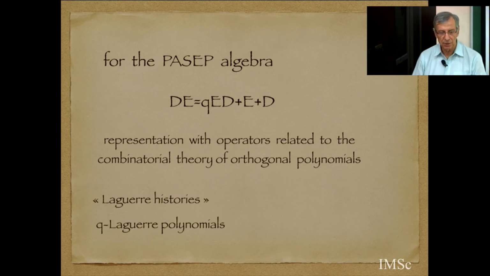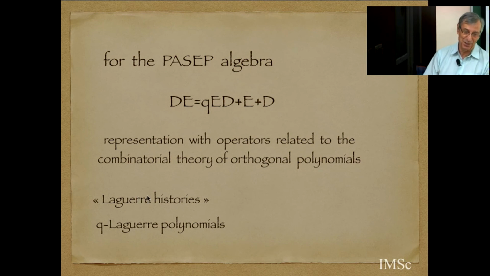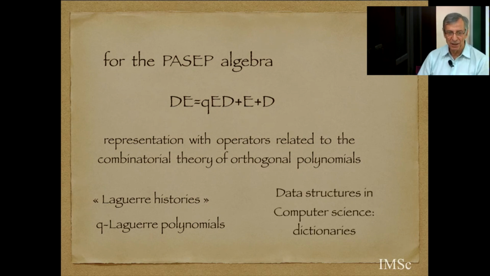And the representation theory is related to Laguerre histories. I have done this in the first part of the class, also the second part of the class, where we talked about q-Laguerre. I will remind you, there is a strong relation with orthogonal polynomial theory, q-Laguerre polynomials, Laguerre histories, which are enumerated by n factorial. And in fact, the inspiration for the representation comes from computer science. There is a data structure.